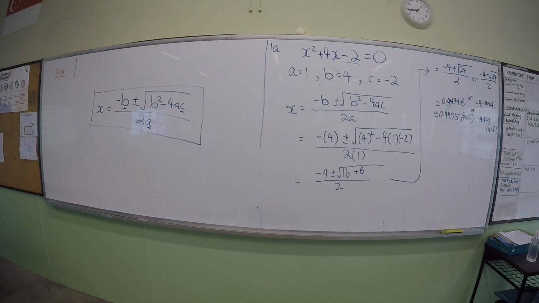Square is 1x squared. So 1 is A. Then 4x plus 4x. So B is positive 4. So it's just ax squared plus bx plus c. So C is negative.